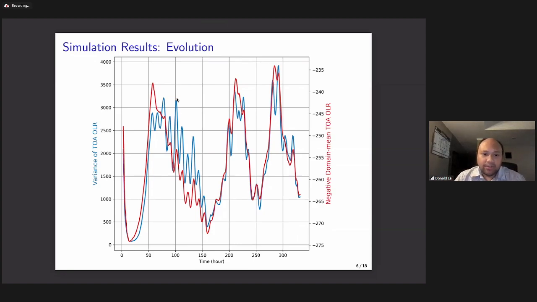The variance of top of the atmosphere outgoing longwave radiation and the domain mean outgoing longwave radiation is often used to quantify aggregation. In general, we could see that there are 3 main aggregation periods, and what we were looking at was in the first aggregation period.